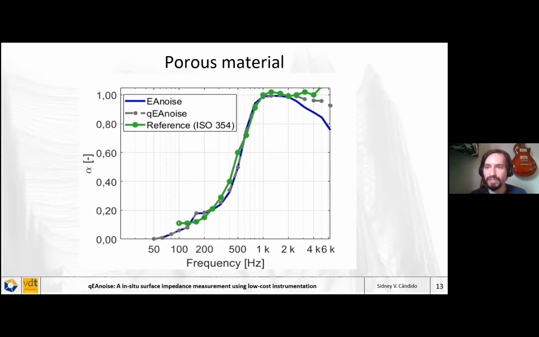The EA-noise was the initial technique that I studied. And as you can see, after 2K, it starts to decay the absorption coefficients, which is not actually what's happening for the absorption characteristics. But for the lower frequencies, it characterized well. And with the EA-noise, I could improve the absorption coefficients, making the method more robust to retrieve the information above 2 kHz.